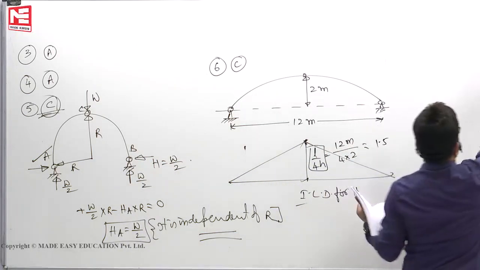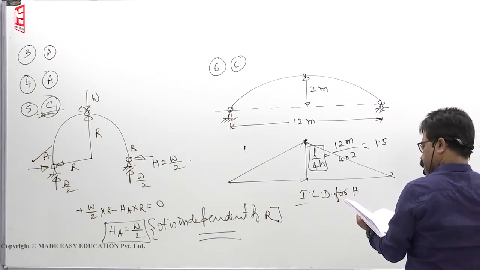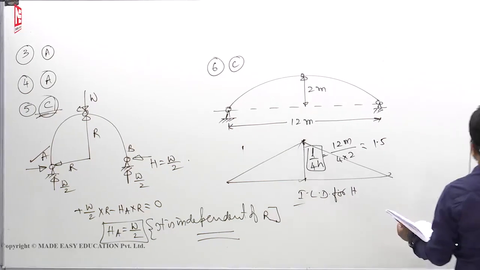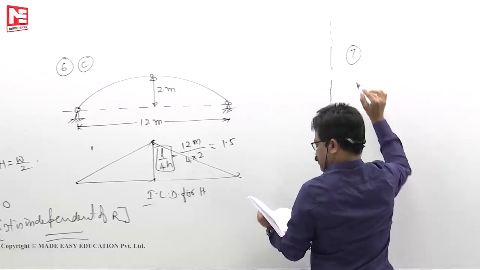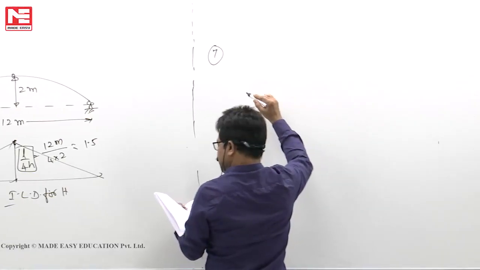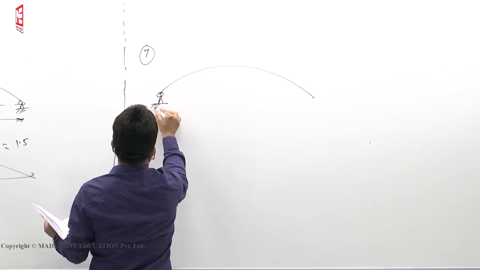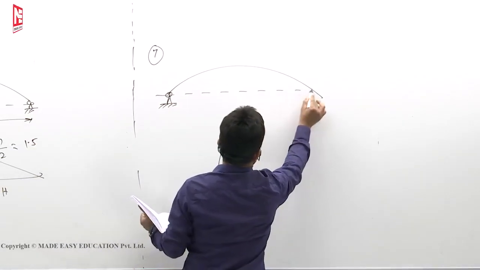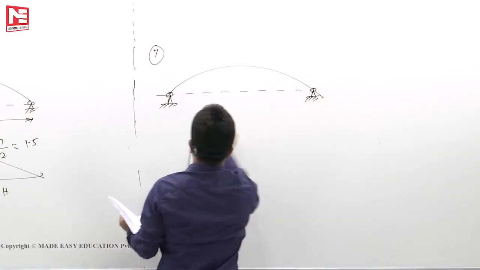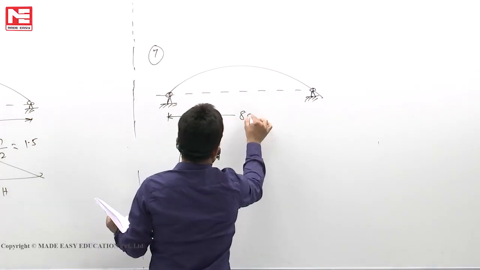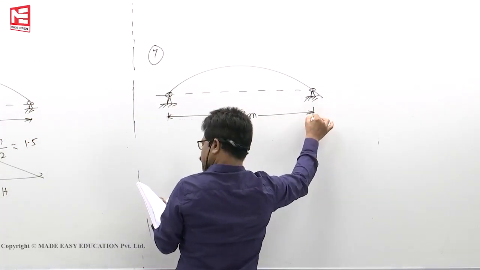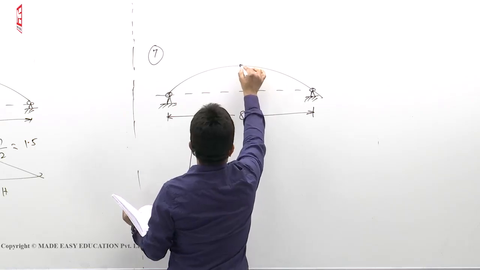Next, seventh one. We'll write here. A symmetrical parabolic three-hinged arch of span 8 meters. Central rise 4 meters.